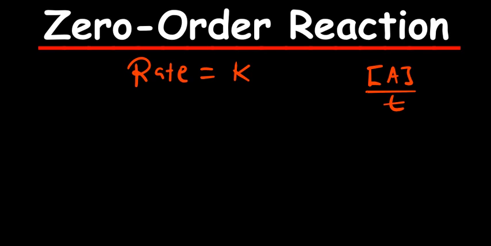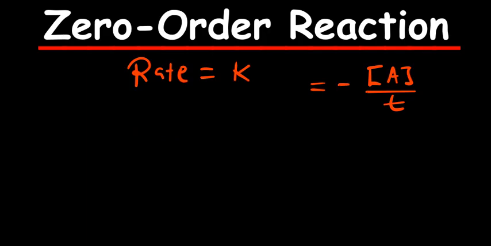Time should not be negative, so I'm going to put a negative in front so that in case we have a negative when we solve, it's just going to cancel itself out.